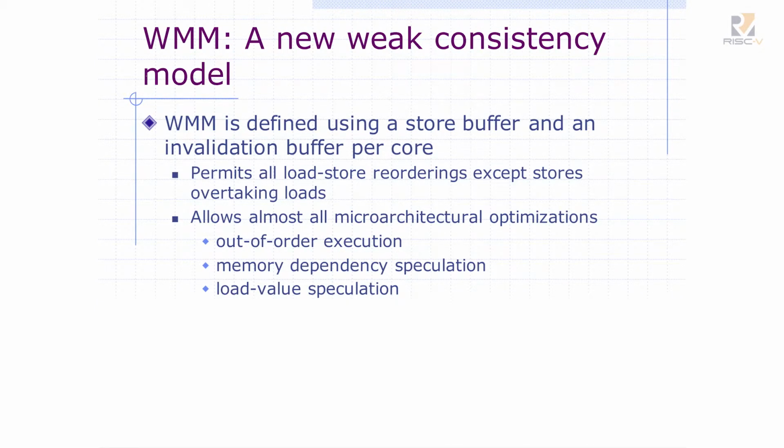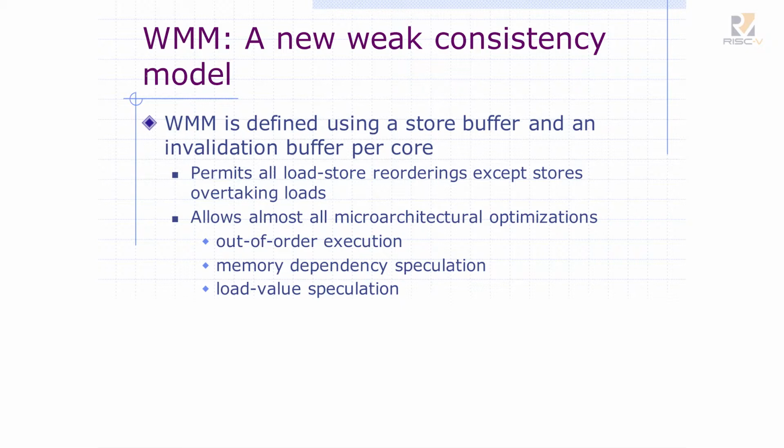So we're going to propose a new weak consistency model that we're calling WMM, that has a simple operational semantics that still allows load-store reordering and almost all microarchitectural optimizations.